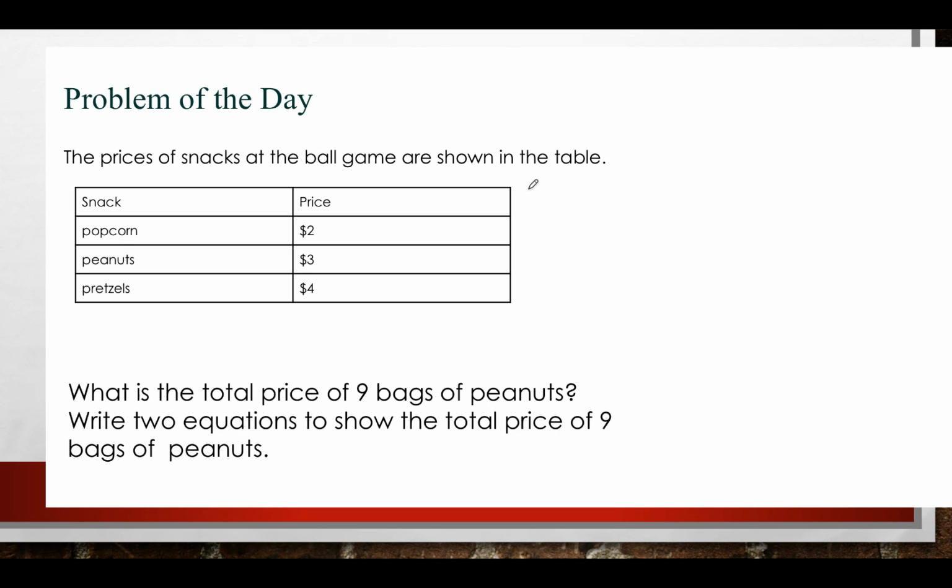So therefore, you should have written the total price of 9 bags of peanuts is blank. It may take me a while to write it because it's kind of hard to write with my mouse on my computer here.